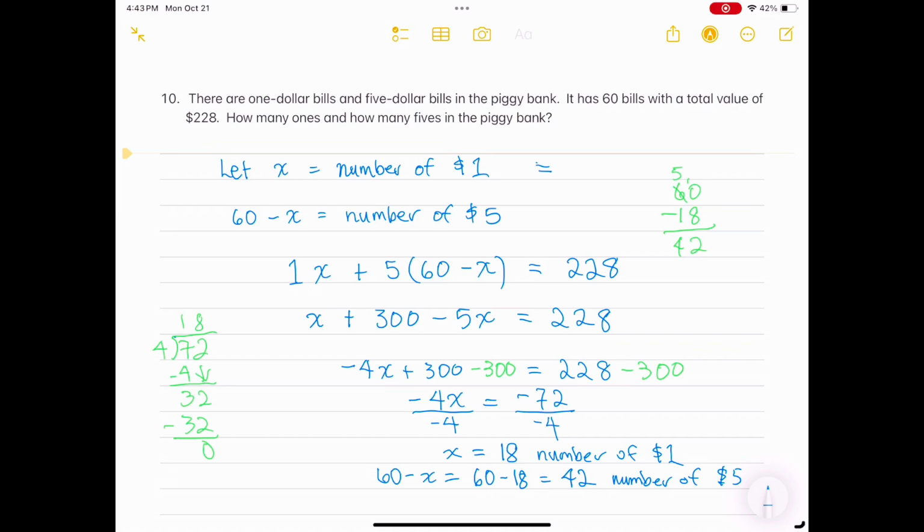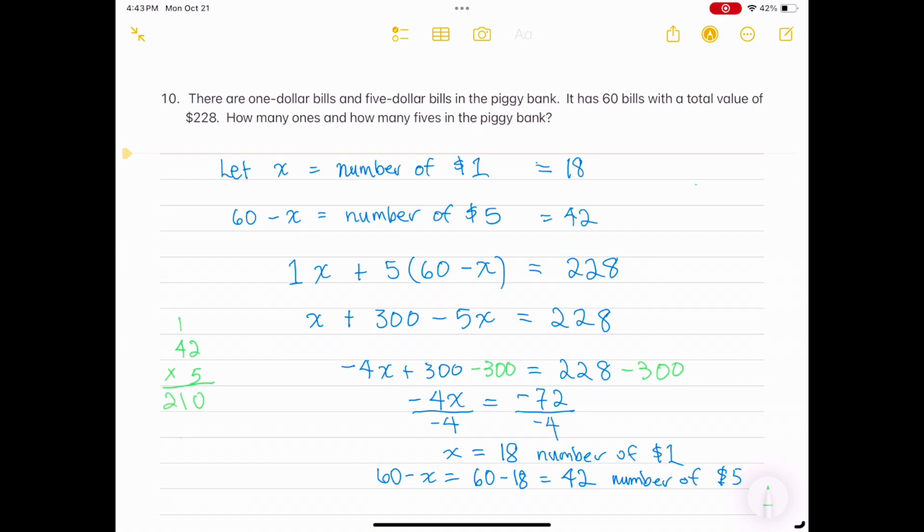Now I've figured out that the number of $1 bills is 18 and the number of $5 bills is 42. So what is the value of 42 $5 bills? It would be 42 times 5, which works out to be 210.